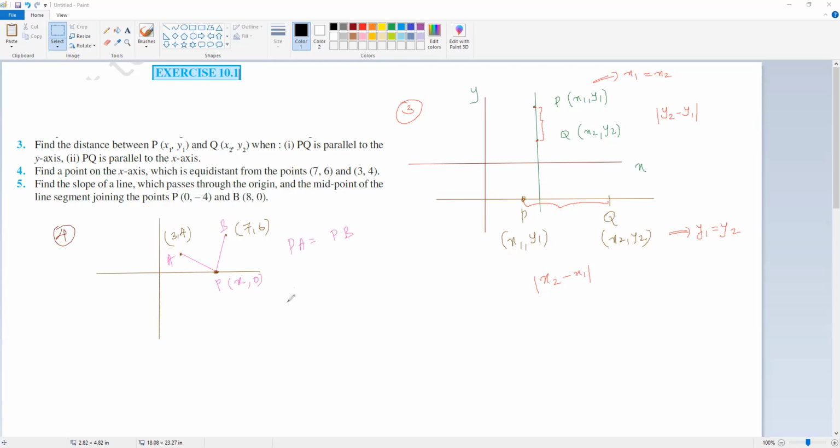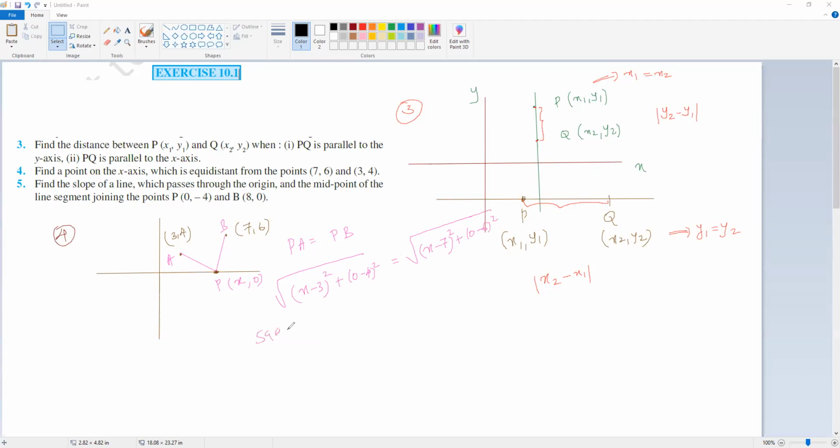So PA is equal to PB, meaning PA is equal to under root of x minus 3 the whole square plus 0 minus 4 the whole square. This is equal to under root of x minus 7 the whole square plus 0 minus 6 the whole square. So we can square both sides.